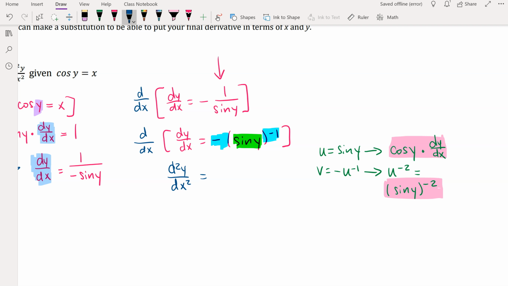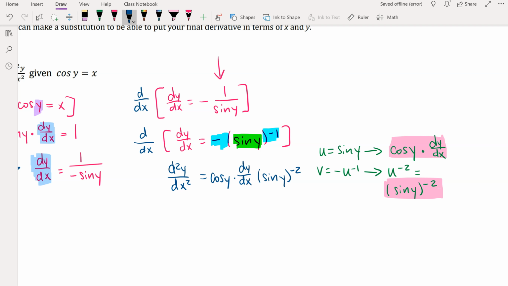So we are going to say this second derivative equals cosine y times dy dx times sine of y to the negative 2. I was considering moving this to the denominator right now, but we won't.